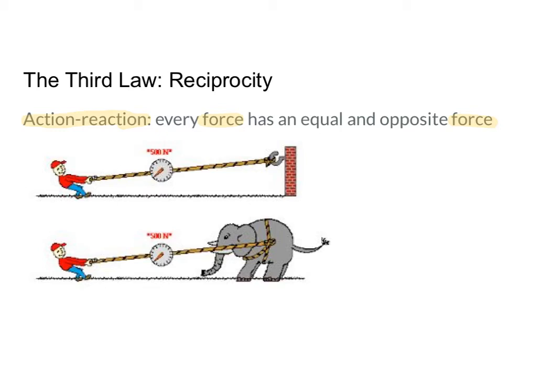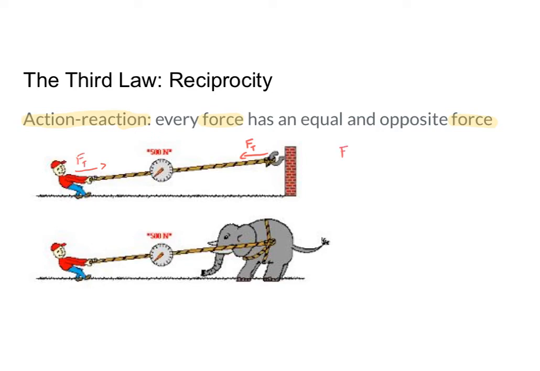Or as we can see in this example, this boy is pulling with a tension force on the wall. So the tension force of the boy on the wall is going to be equal to the tension force of the wall on the boy.